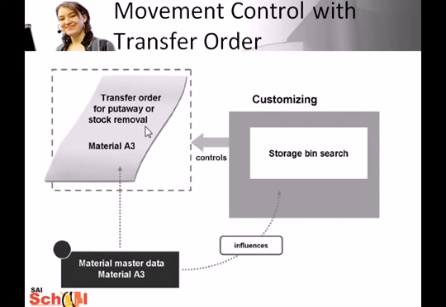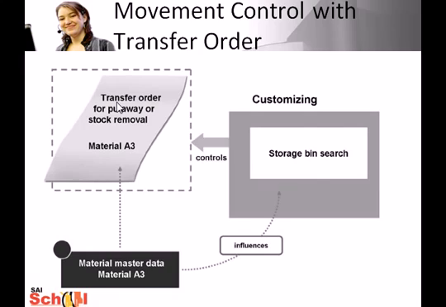One of the key entities in warehouse management is the so-called transfer order. Warehouse management in SAP uses a special document, the transfer order, to map and control warehouse movements.